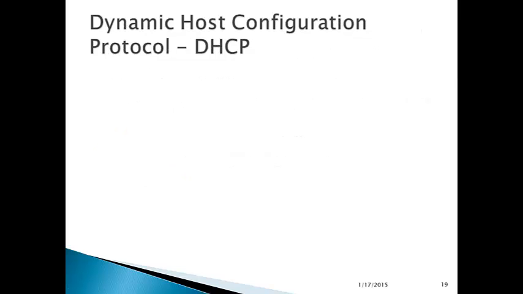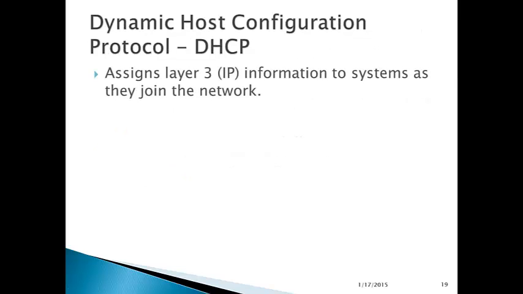Dynamic Host Configuration Protocol assigns layer 3 IP information to systems as they join a network. If you don't define upfront what your IP address is, your subnet, who your DNS server is, who the router to get to the outside world, your so-called default gateway is, your device will send out a request asking for this stuff, and if you've got a DHCP server, they'll say, hi, welcome to our network.